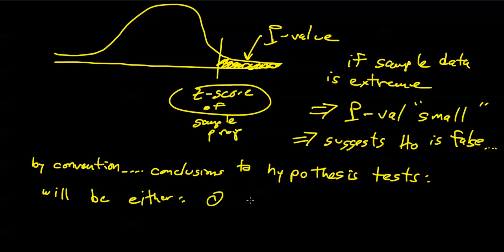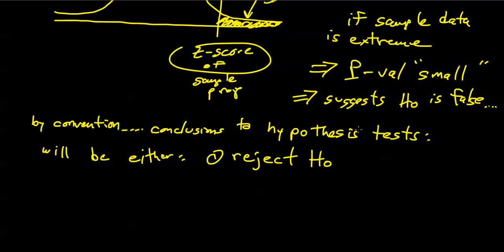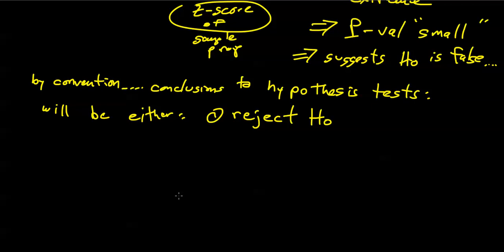You'll either, one, reject H0, reject your null hypothesis, meaning your sample data is extreme and data is statistically significant, or you will fail to reject H0, meaning your sample data is weak.